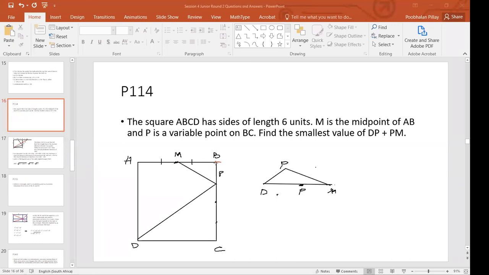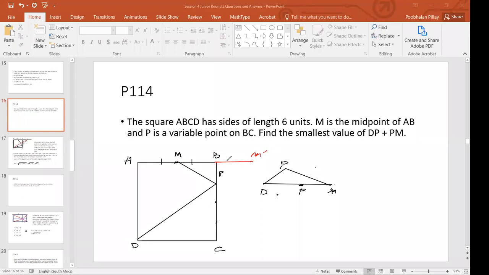You take this M and you reflect it on the other side, across this vertical line. Now, when you do that, it's called this M prime.